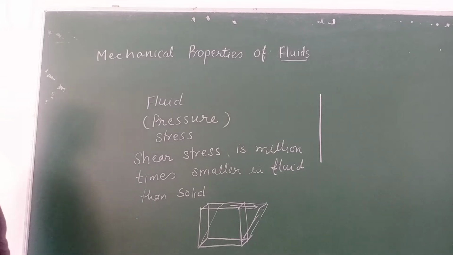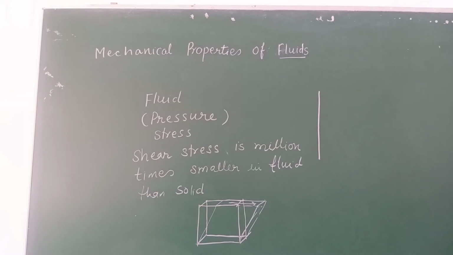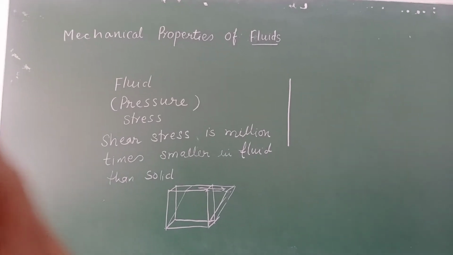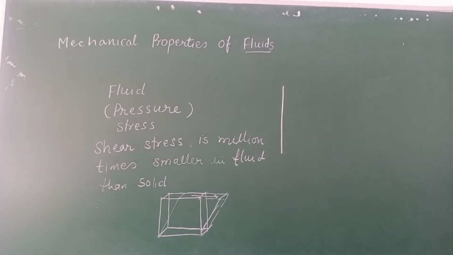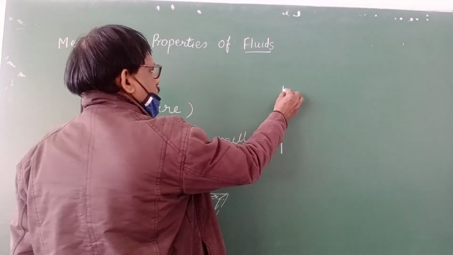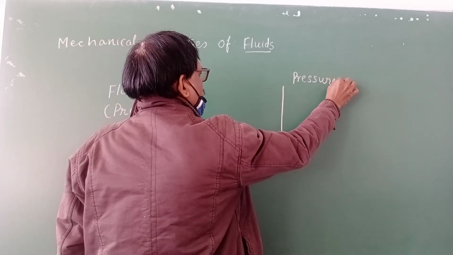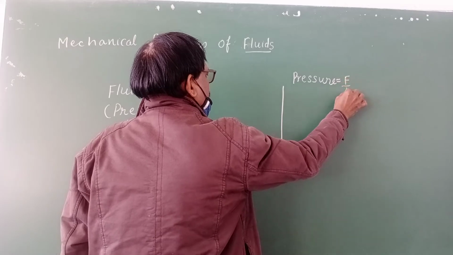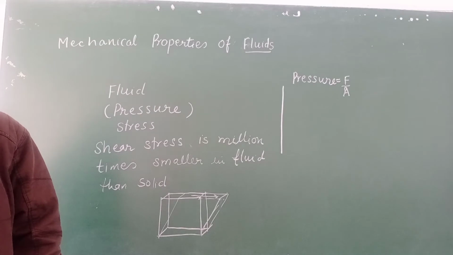Now, a fundamental physical quantity that is related to the fluid. There are many properties related to the fluid, but one fundamental property is its pressure. Do you know what pressure is? Pressure is equal to force upon area, and the unit of pressure is Newton per meter square.